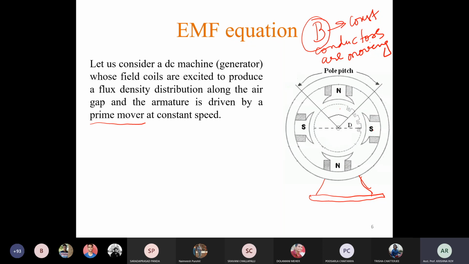So in that way we also can create some change in magnetic flux. As per Faraday's law of electromagnetic induction, when the flux produced by the source itself is constant, we need some relative motion. But if the flux is time varying, then both can be static. Is it clear?